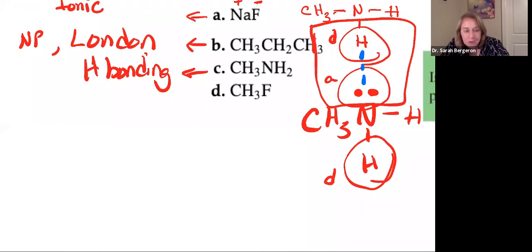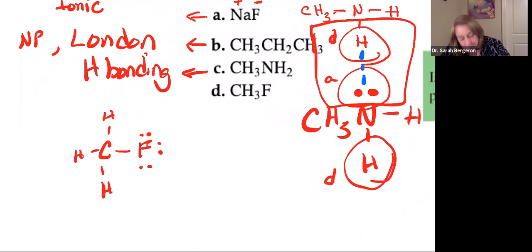The last one, CH3F. If you draw this out, that's carbon, 3 hydrogens, and a fluorine. Fluorine is going to have 3 lone pairs on it, so this one can actually have a negative charge. If you look at the overall polarity of this molecule, it's going to be a polar molecule. Fluorine the floozy, she is going to want those electrons, right? So this is a polar molecule, but do you have hydrogen bonding?